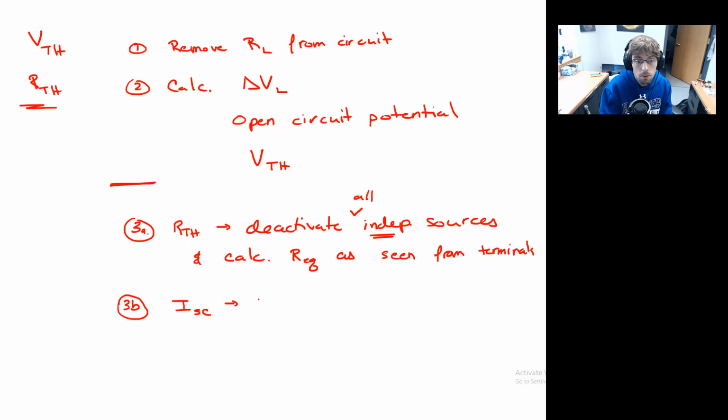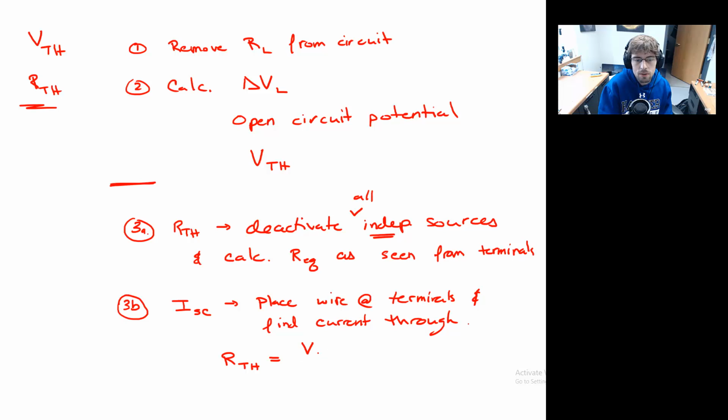So place a wire at the terminals and find the current through it. Your Thevenin resistance, you can probably guess what it's going to be, is going to be your open circuit potential divided by your short circuit current.